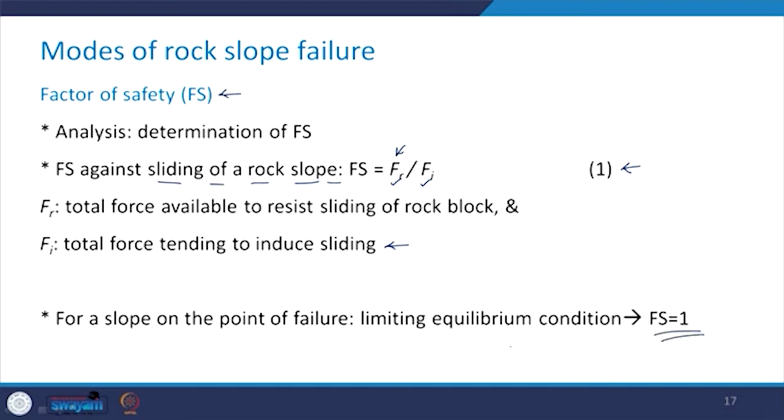Because just in that limiting situation, this Fr, which is the resisting force, will become equal to Fi, which is the force that is inducing the sliding, thereby making this factor of safety equal to 1. So, this is the approach that we are going to adopt in order to analyze these rock slopes using limit equilibrium methods.